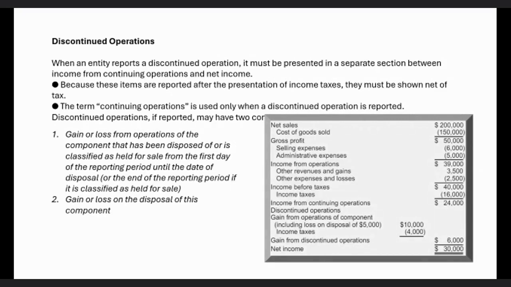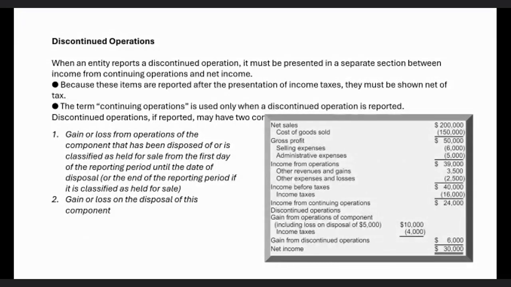And then we will understand more about discontinued operations. When an entity reports a discontinued operation, it must be presented in a separate section between income from continuing operations and net income. Because these items are reported after the presentation of income taxes, they must be shown net of tax.